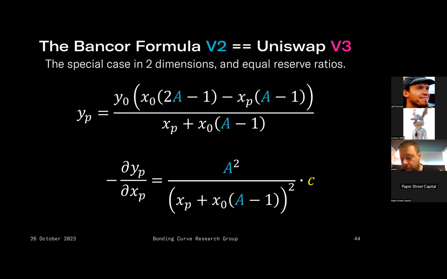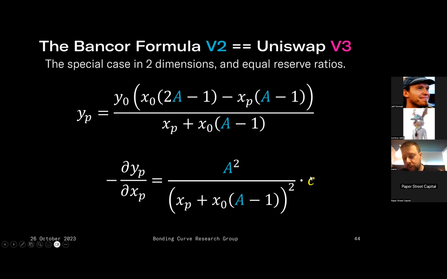Now, the other thing you'll notice is that the form this partial differential takes should appear quite familiar. In the case that we were dealing with an amplification coefficient of 1, this part down here would cancel: we would end up with 1 minus 1, which becomes 0 and cancels out this x0 term, and we would end up with just x squared.